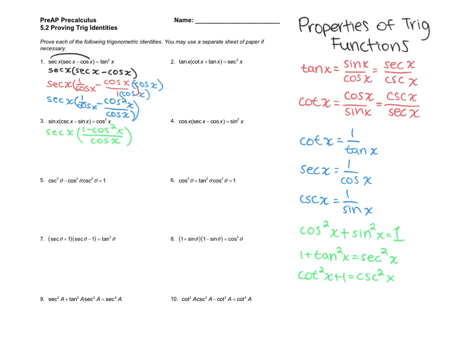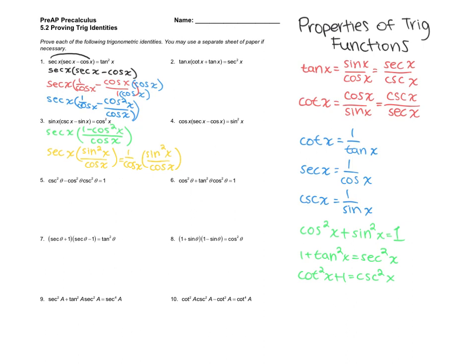So we have sec x times sine squared x over cos x, and then this is equal to 1 over cos x times sine squared x over cos x, because we just took that sec x and made it into 1 over cos x.